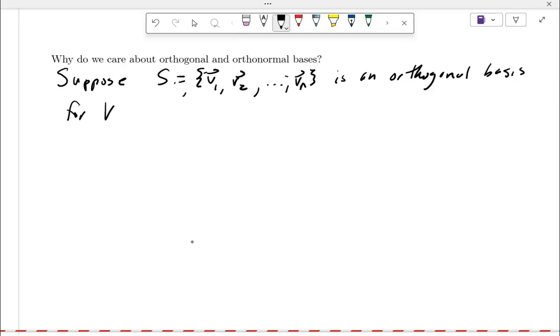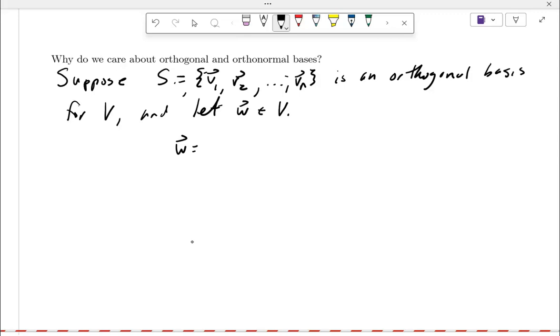This is for a vector space V, and let W be in V. In this section I need inner products, so assume we have an inner product defined. Since it's a basis, how can we write W in terms of the V's? If I know that I have a basis, how can I write any other vector in terms of the basis?